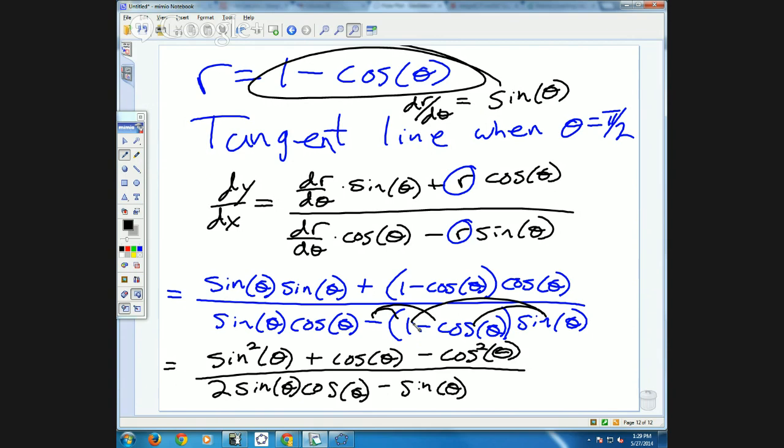Can you separate out the numerators? You can factor a sine from the denominator, but there's nothing you can factor from all of the top. Well, and then separate out sine squared over 2 sine theta plus cosine theta over 2 sine theta cosine.